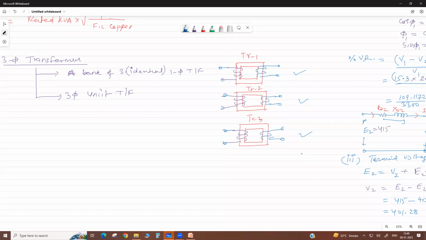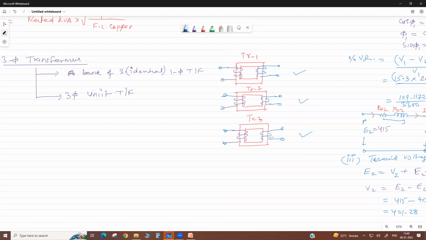We have to monitor all three units for maintenance, but spare cost is reduced, and transportation is easy.